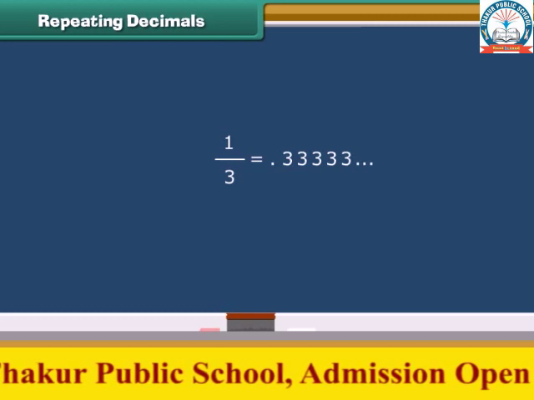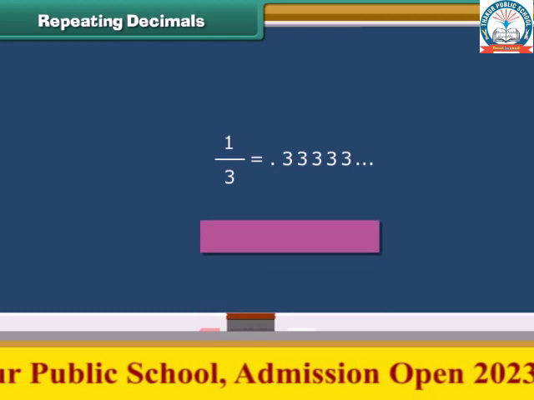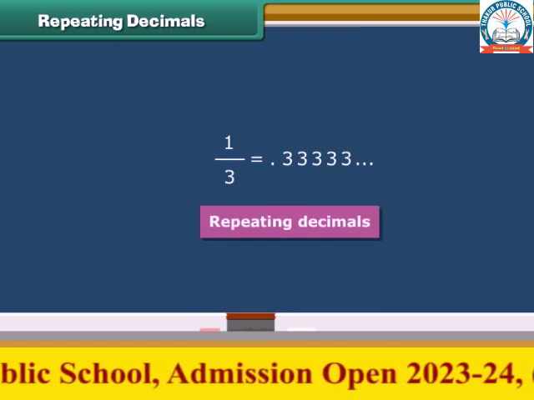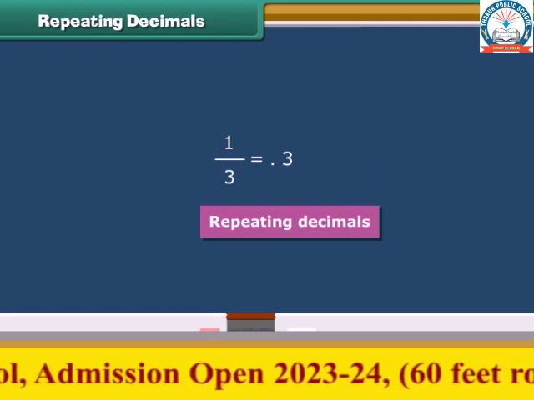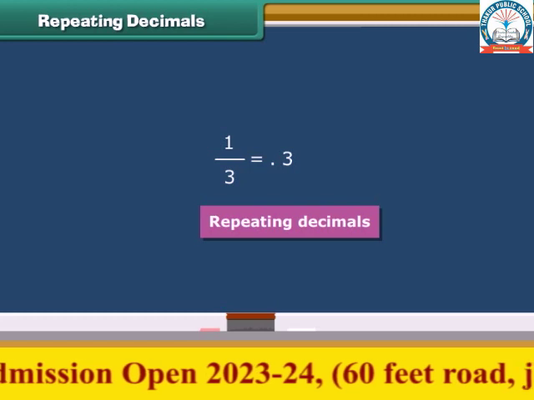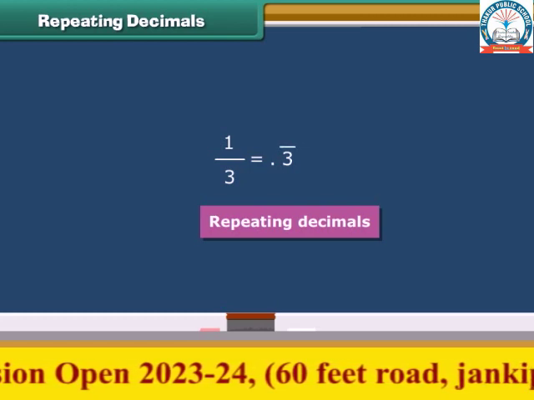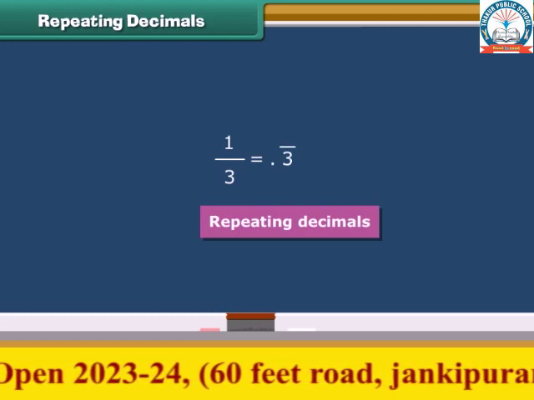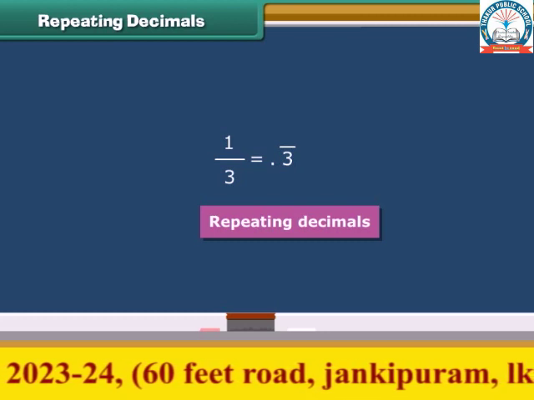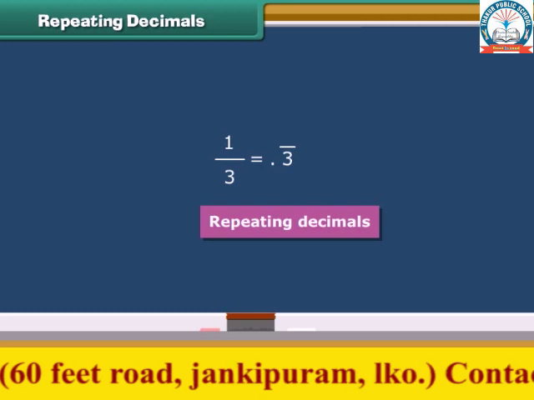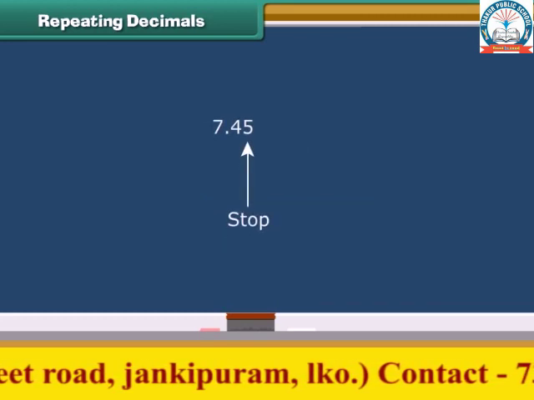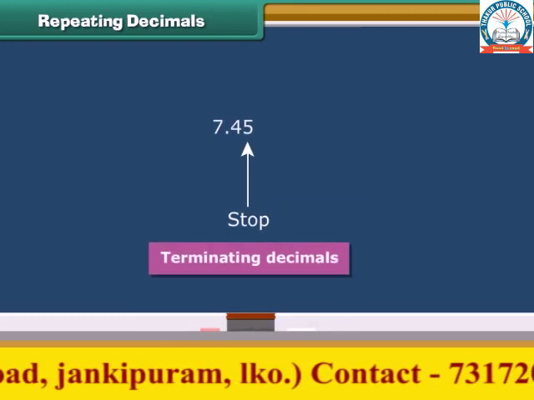So these decimals are termed repeating decimals. You can round off the number after the 3/10 or 3/100, but it is more accurate to put a line over the last number. This line indicates that the number keeps on going. And the decimals that stop are called terminating decimals.